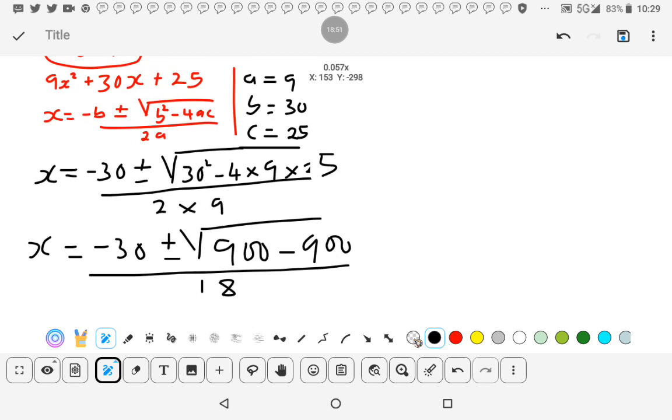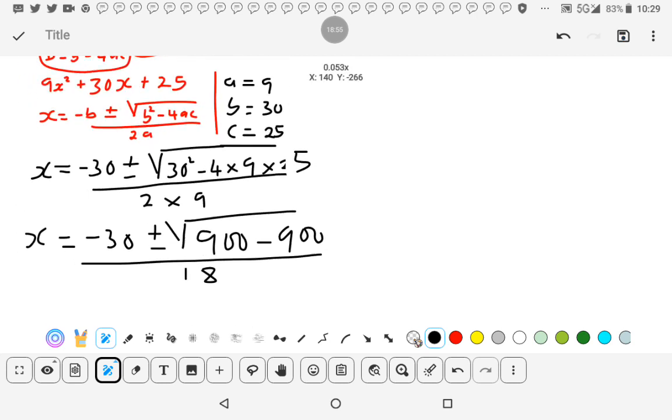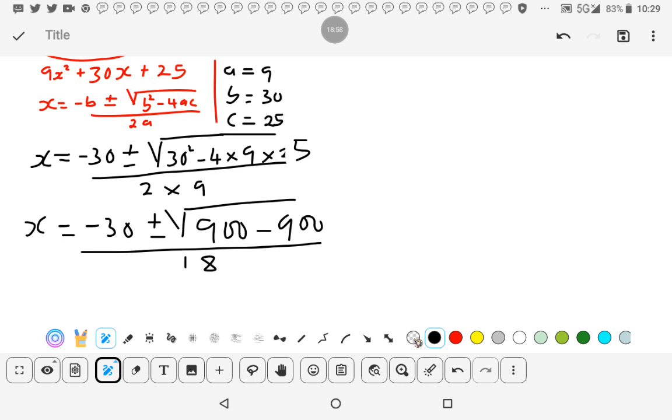So from here now you keep on solving. You have x will be equal to minus 30 plus or minus the square root of 0, divided by 18.